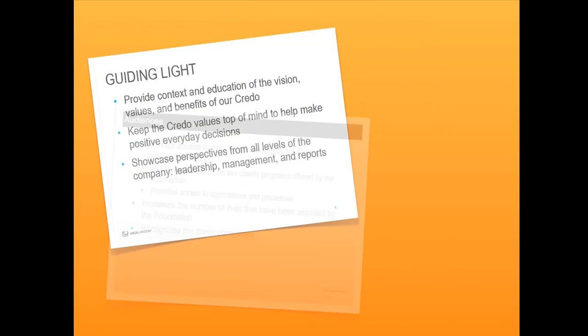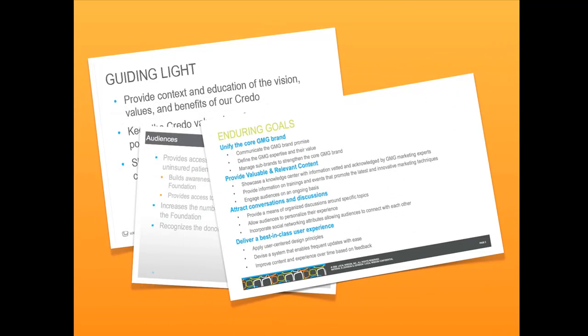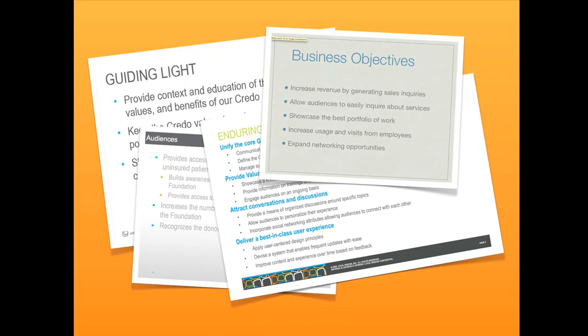This turns into normal slides with bullet points that end up being a set of goals, categorized in different ways. These are some examples of how we've done it in the past.